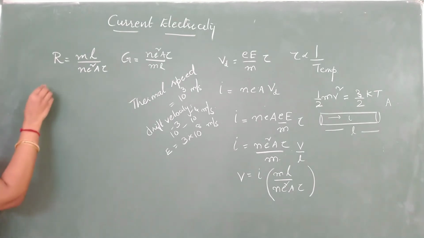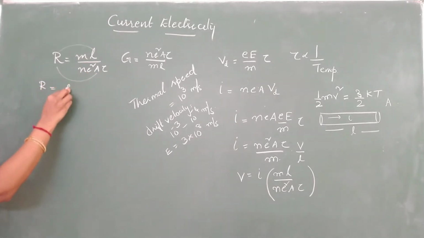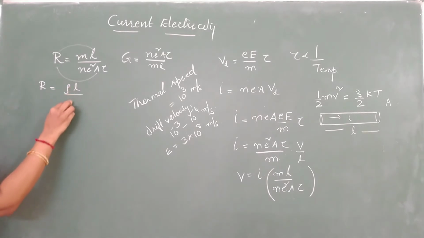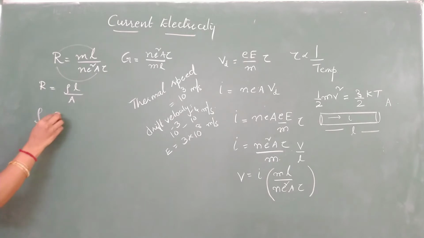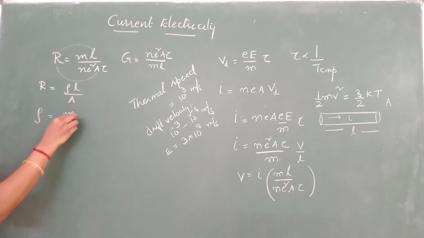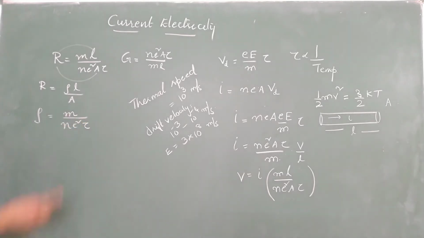Is resistance directly proportional to length? Yes, and inversely related to area of cross section. So the remaining terms we write as rho L divided by A, where rho is called resistivity. What is resistivity? m by N e square tau.